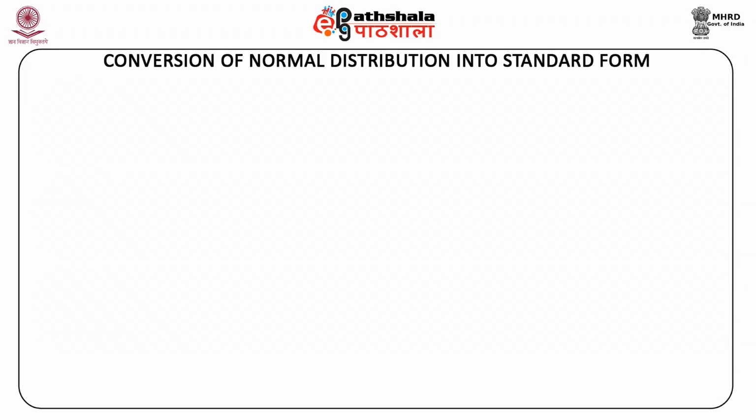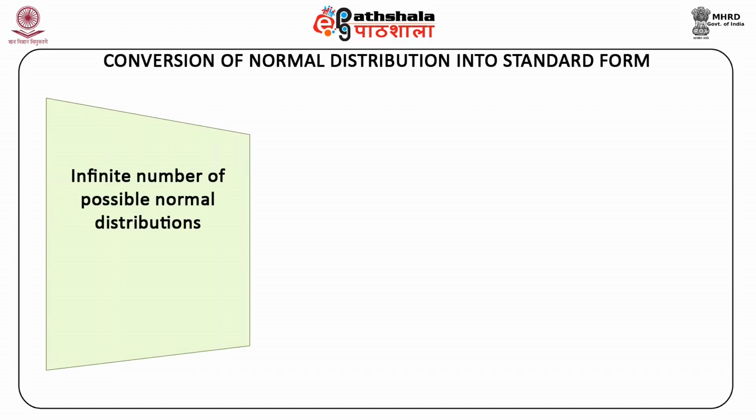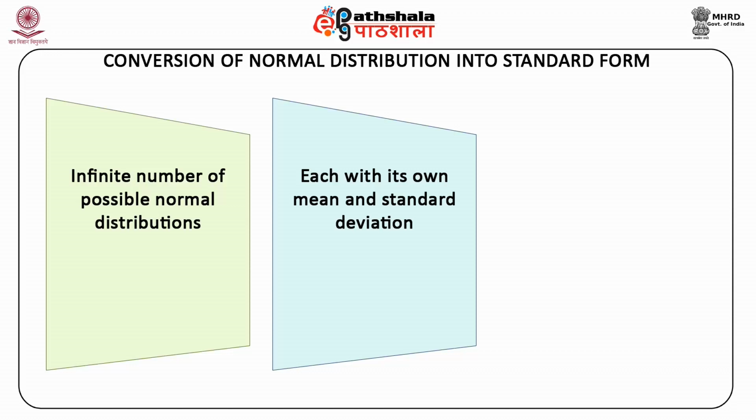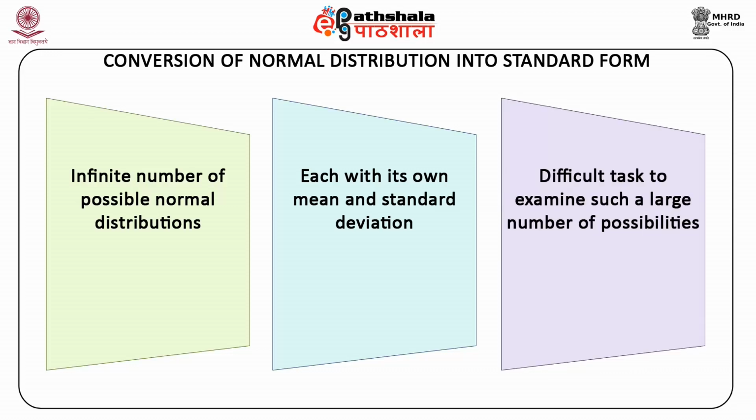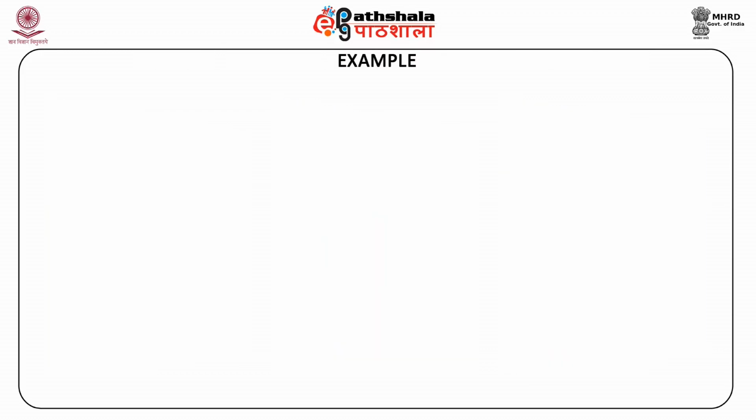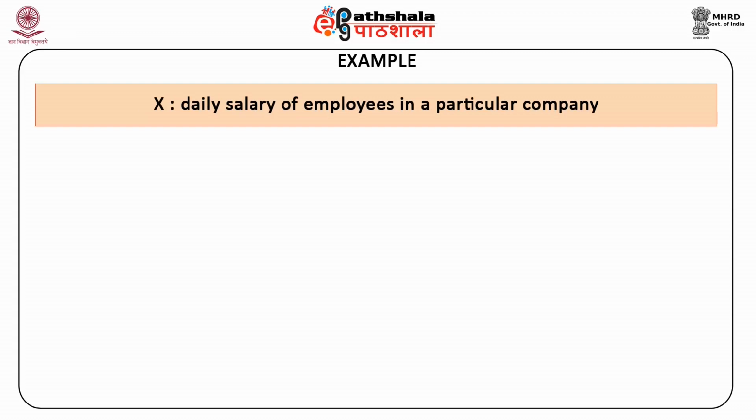Let us now understand why we convert normal distributions into one standard form. We convert because there exists an infinite number of possible normal distributions, each with its own mean and standard deviation, and it becomes a very difficult task to examine such a large number of possibilities. This can be explained with the help of the following example. Let the random variable x be the daily salary of employees in a particular company.